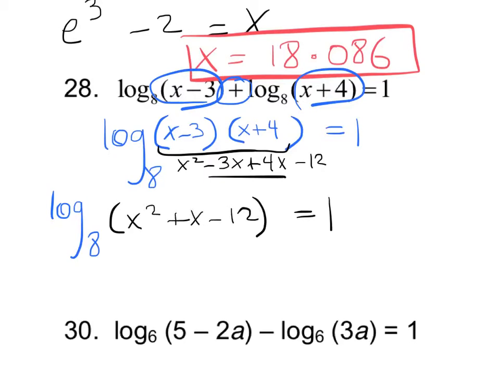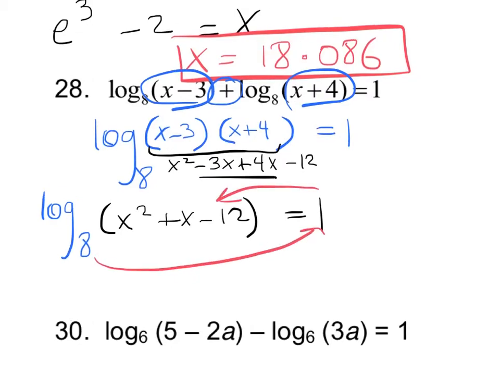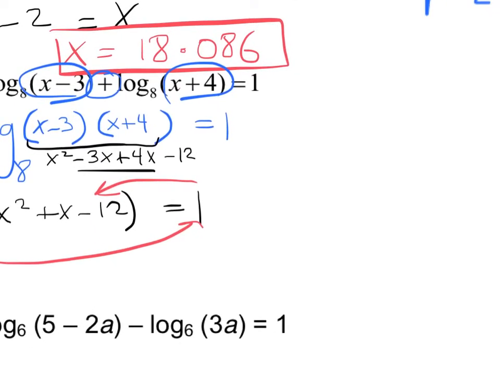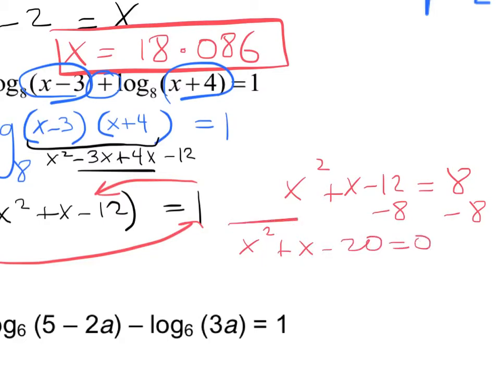Now what I'm going to do to solve this, I need to change it to exponential. So it's going to be 8 to the power 1, which is an 8, is equal to this quadratic equation. Now remember, every time you have a quadratic equation, you have to move this to the other side. So you will end up with x squared plus x minus 20 is equal to 0.